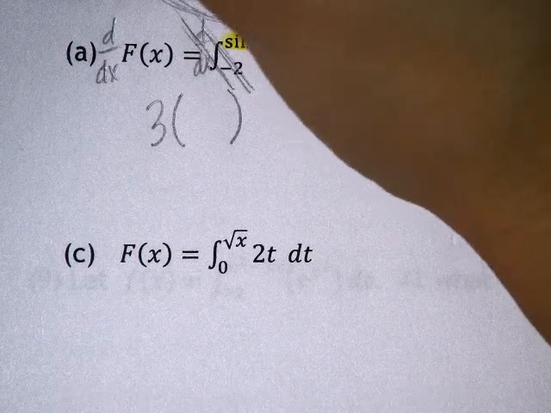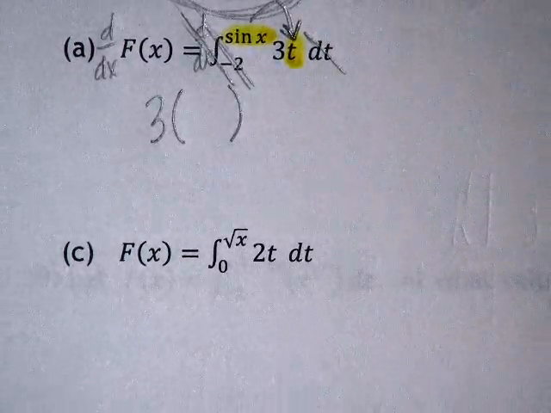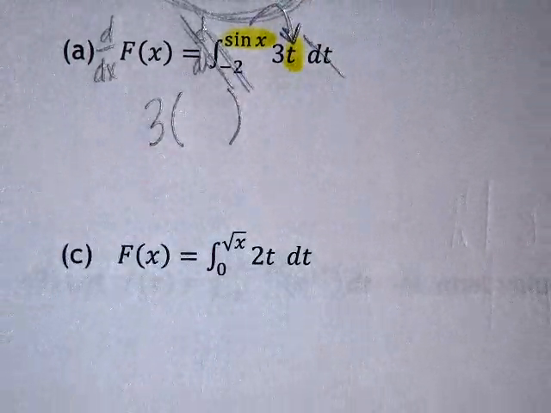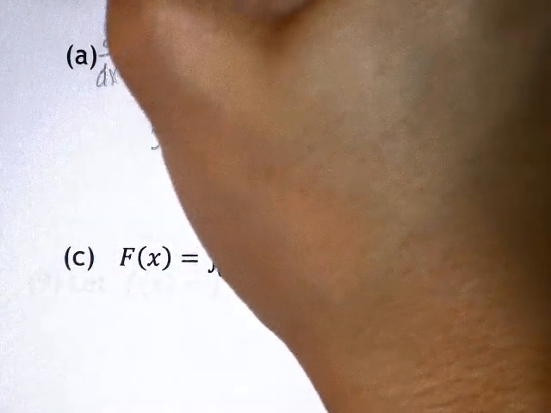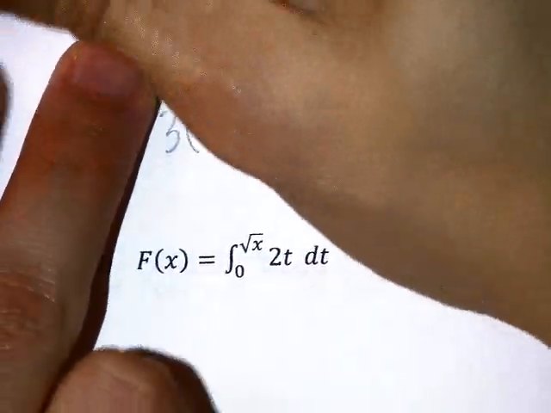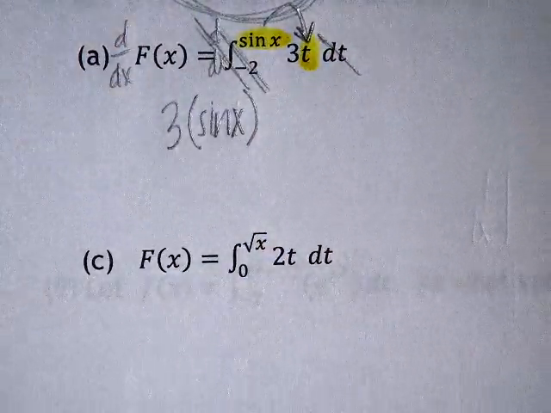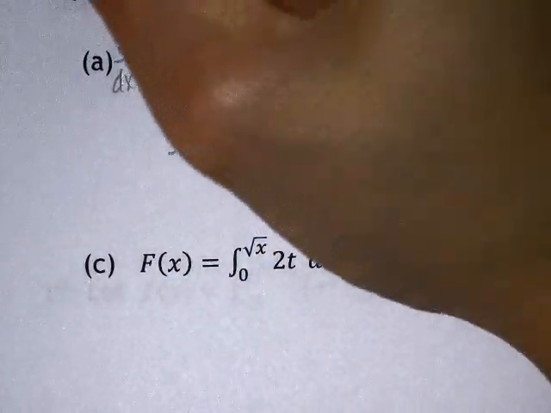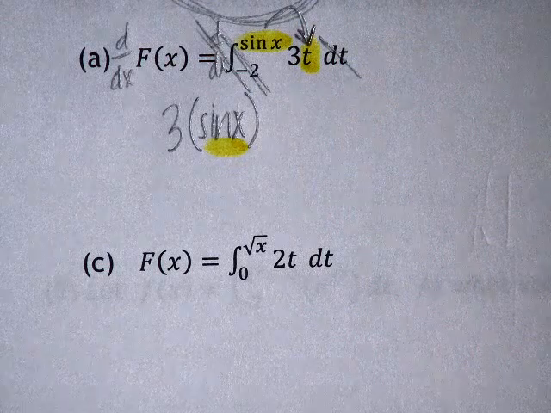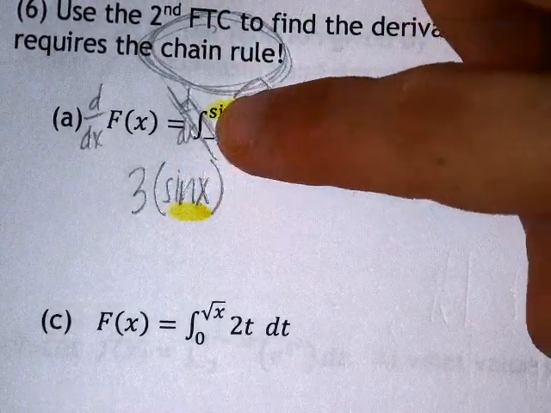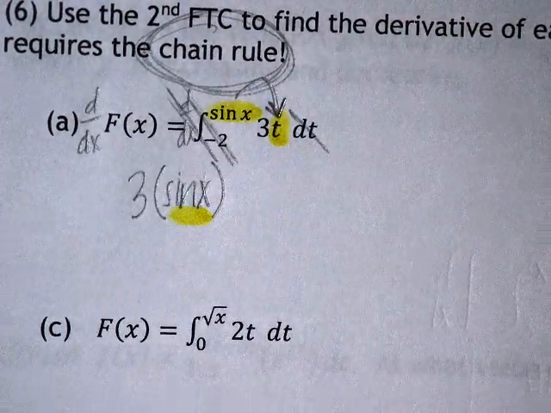That substitution is really important, and that's what I want to make sure that I see. So I'm going to color code it so I can tell that the dummy variable is out and that the new sine x is in. There's that little yellow. That's me replacing what used to be a t with the new upper limit sine x.